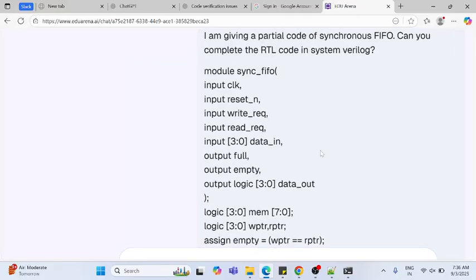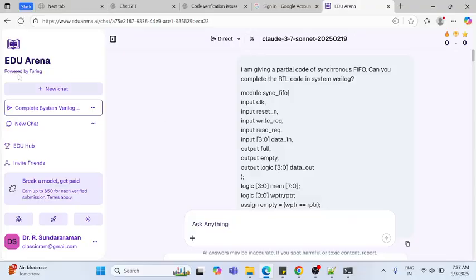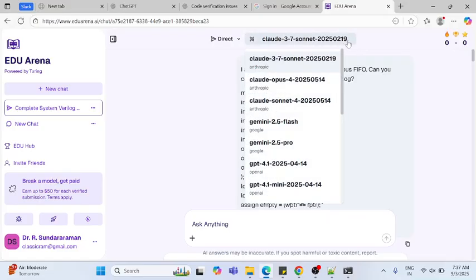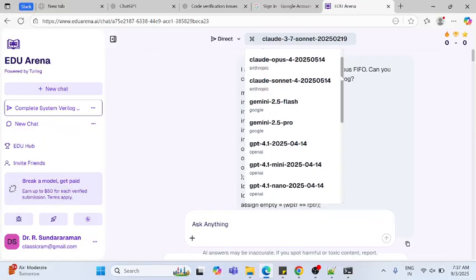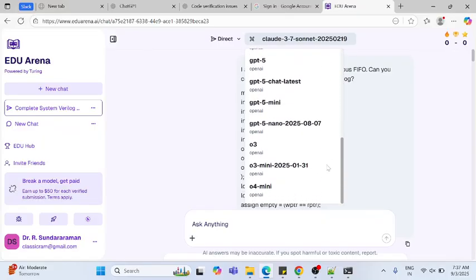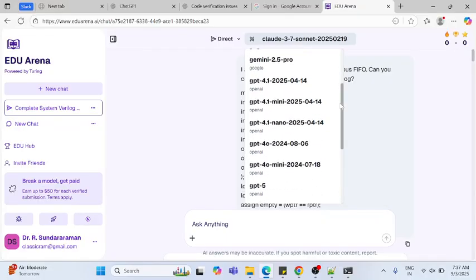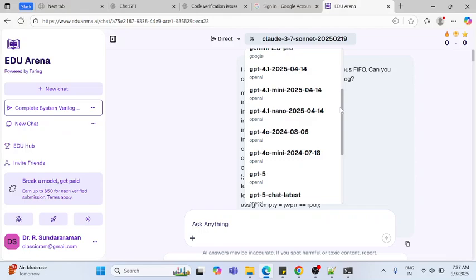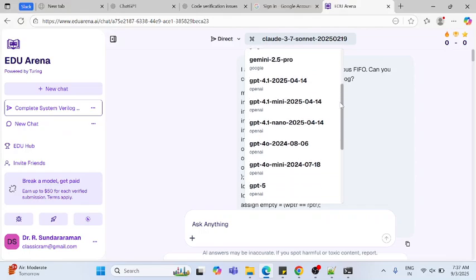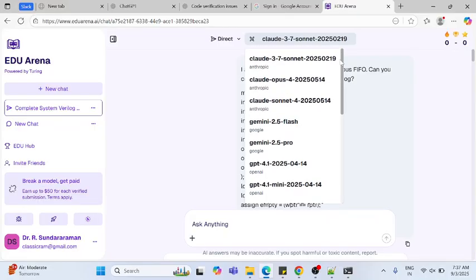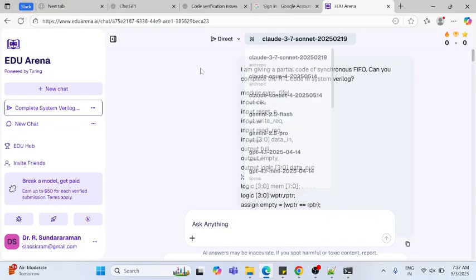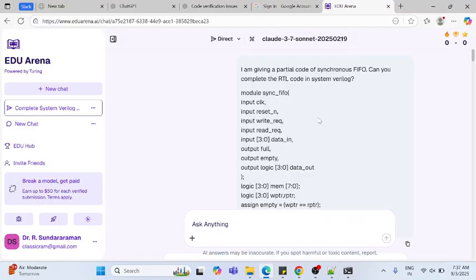Can you complete the RTL code in SystemVerilog? This has been done with EduArena, where you can choose the LLMs. There are many LLMs available. I have chosen Claude; Gemini, GPT can be chosen, or O4. Both are OpenAI, but the recent one is GPT-5. So I encourage you to use GPT-5, Gemini 2.5, then Claude 3.7. These are the three we can make use of.